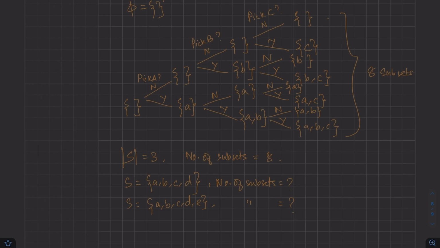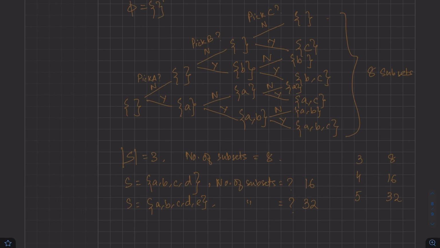I'm sure at the end of expanding the entire tree for 4 elements, you would have ended up with 16 subsets. Similarly, for 5 elements, you end up with 32 subsets. See a pattern over here? For 3, you have 8. For 4, you have 16. For 5, you have 32.